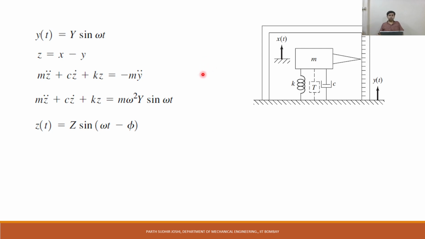If we draw the free body diagram of this mass, show the forces, and apply Newton's second law to this system, we get the differential equation of this form: m z double dot plus c z dot plus k z is equal to minus m y double dot.